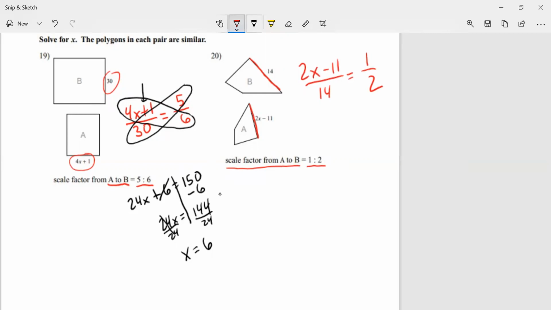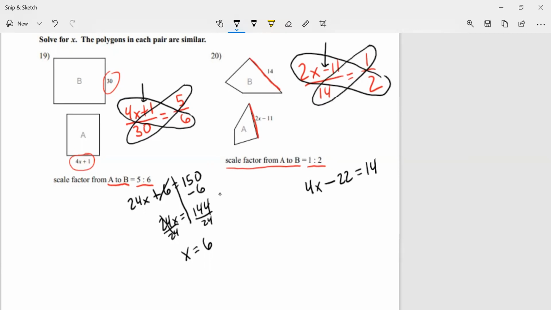And I'm going to just cross multiply. When I go this way, I have to respect the minus in between. So I have to go 2 times 2x, 2 times 11. So that's going to give me 4x minus, I have to respect the minus, 22 equals, and then 14 times 1 is just 14.